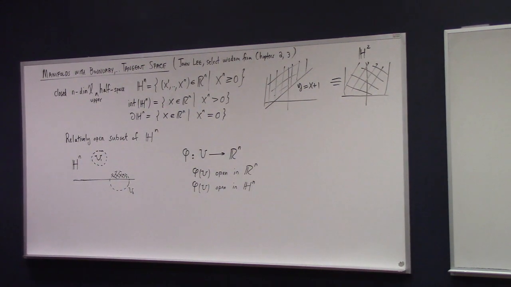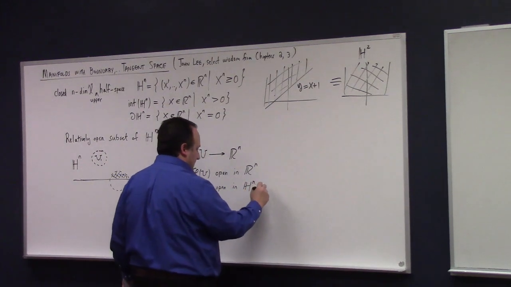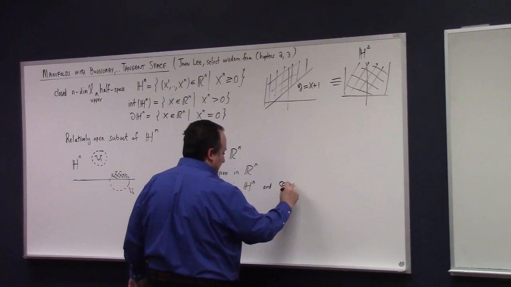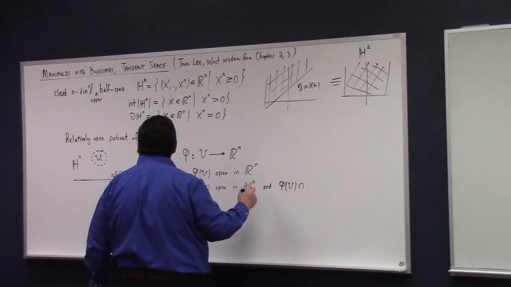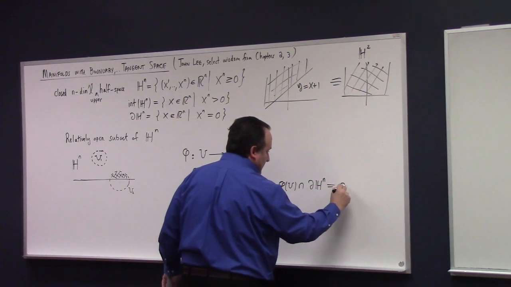And what would you guys think it would mean? So if I say open in Hn and let's suppose we say, in addition, phi of U intersects the boundary of Hn non-trivially, all right?